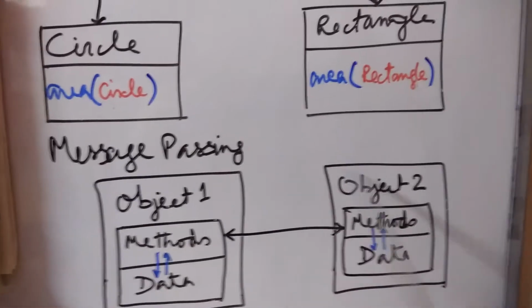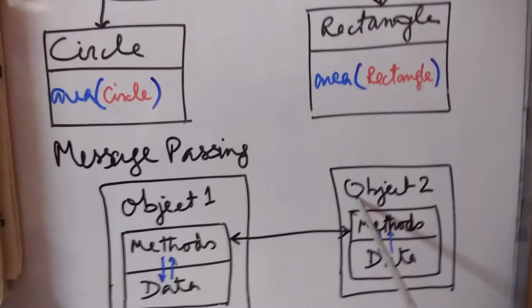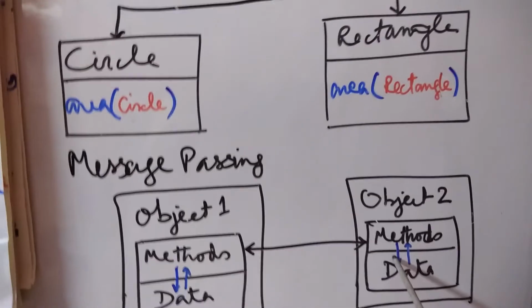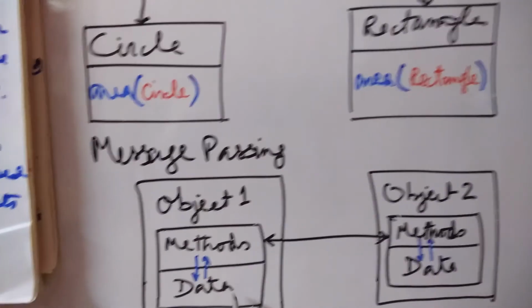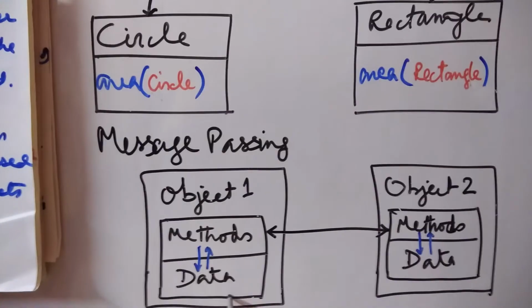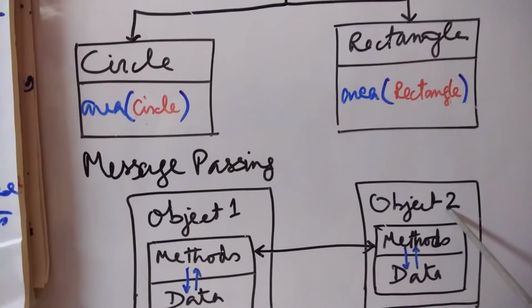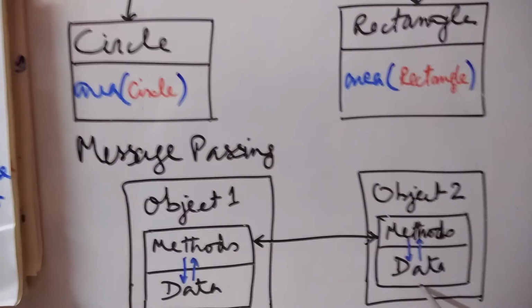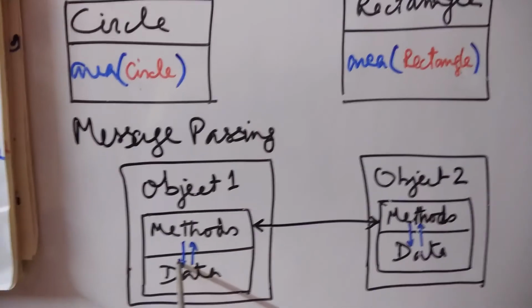Now if they need to communicate, to send their data to each other, the method will take that responsibility. So some method of object 1 will take responsibility to pass the data of object 1 to object 2. Similarly, some method of object 2 will take responsibility to pass the data to object 1.